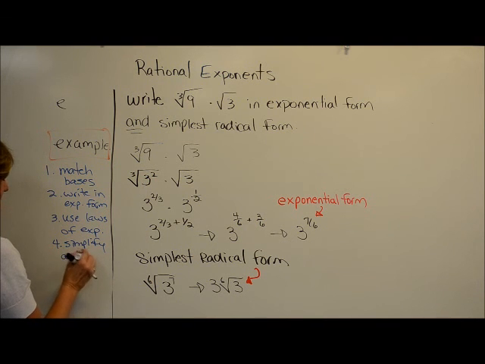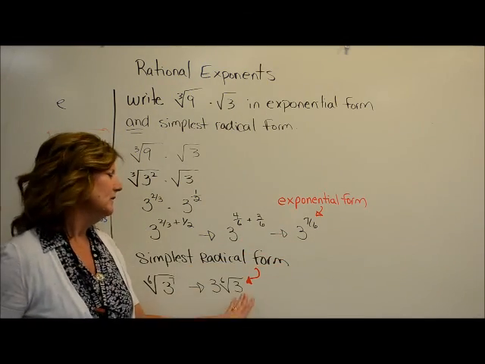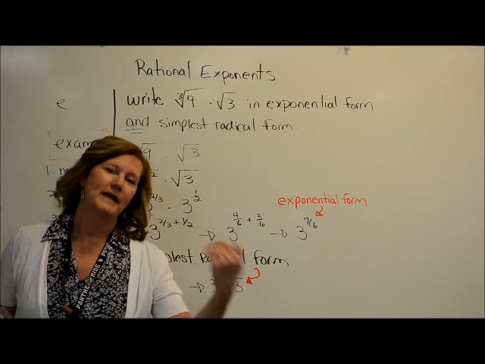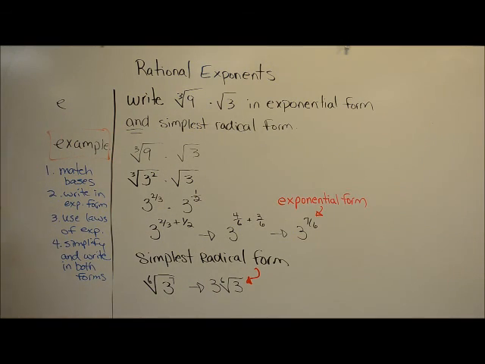And write in both forms. Okay, that's all you have to do for those. So we have exponential form, that's with the exponent, and we have simplest radical form, that's with the radical, but it has to be simplified. All right, pause the video, finish up your notes.